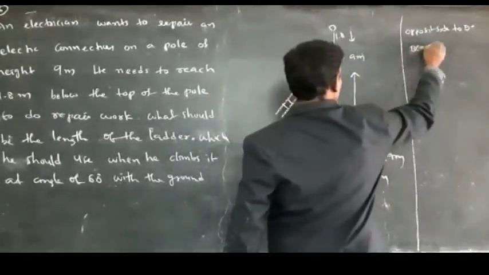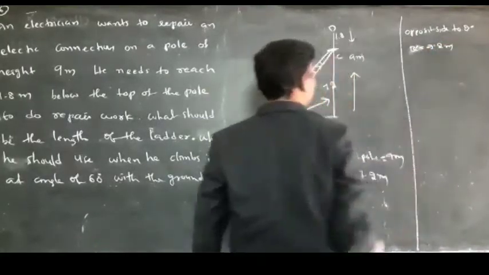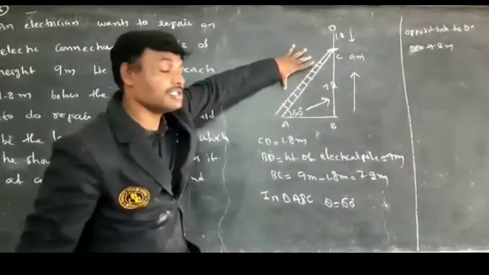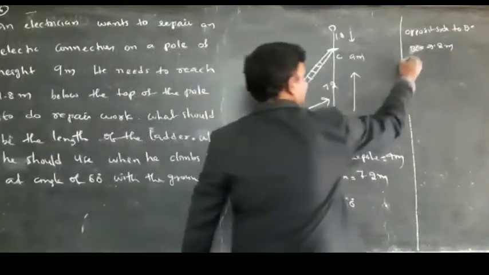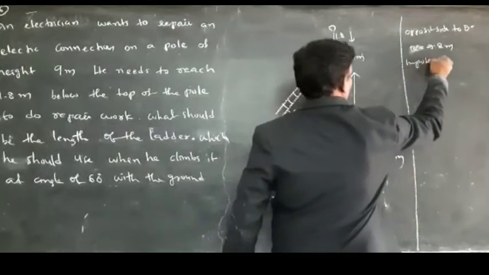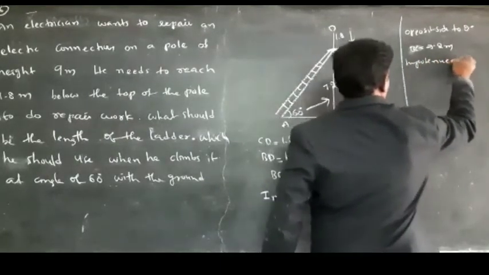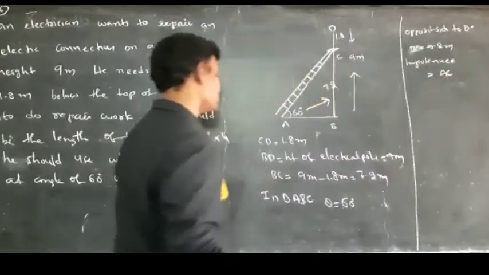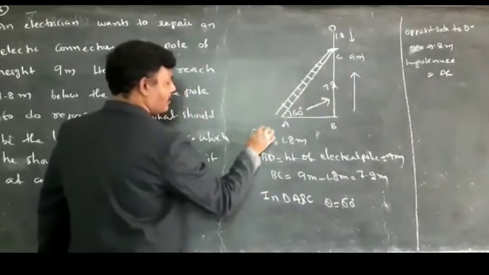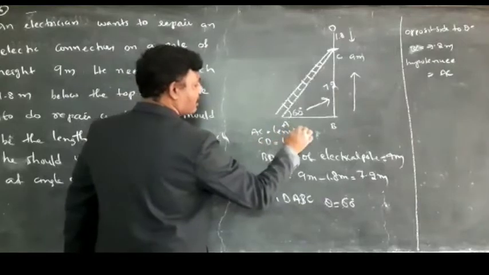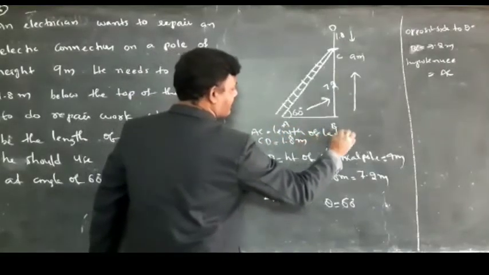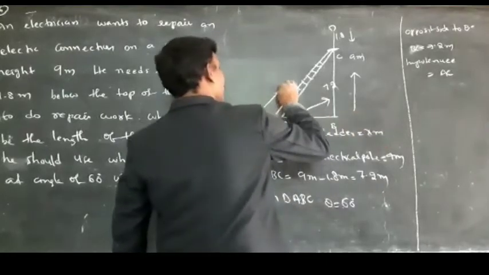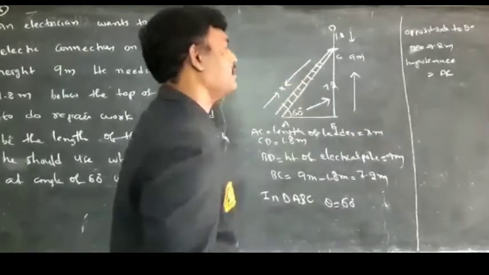BC is equal to 7.2 meters. Then what about the adjacent side AB? And the ladder is nothing but the hypotenuse. What is AC? AC is equal to the length of the ladder. I am taking the length of the ladder as x meters.